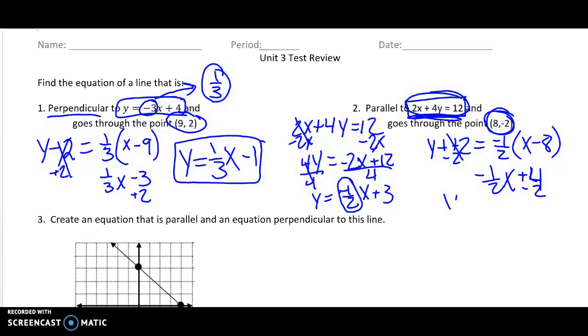And I end up with y equals -1/2 x plus 2. That's readable there. -1/2 x. Ooh, that's awful. -1/2 x plus 2.